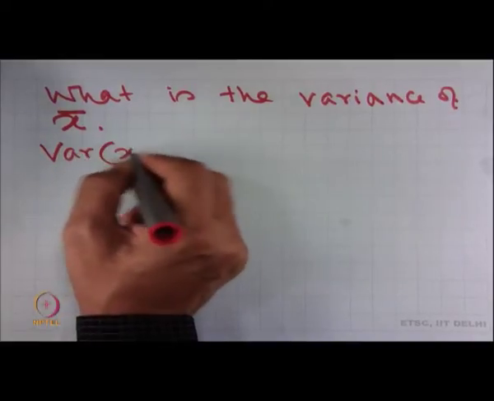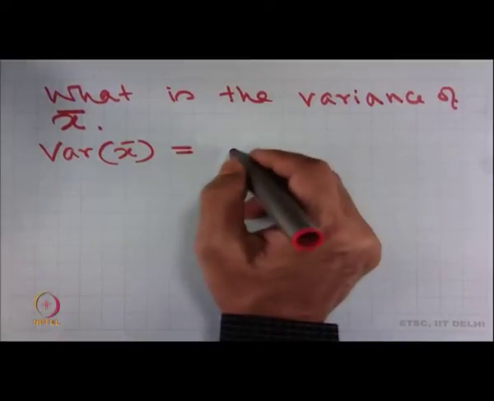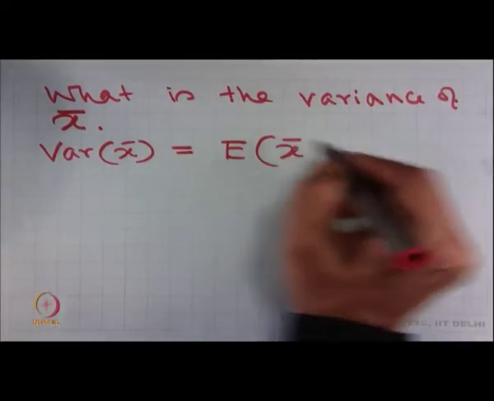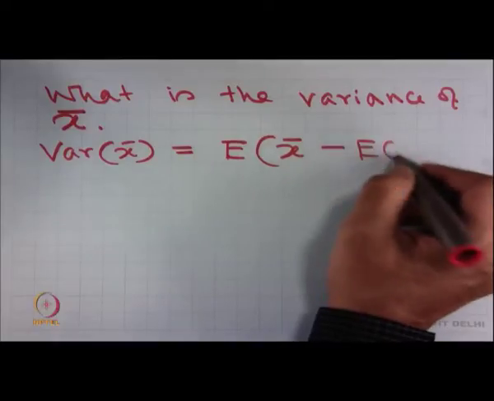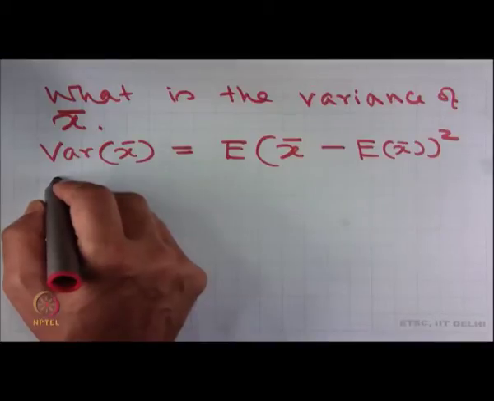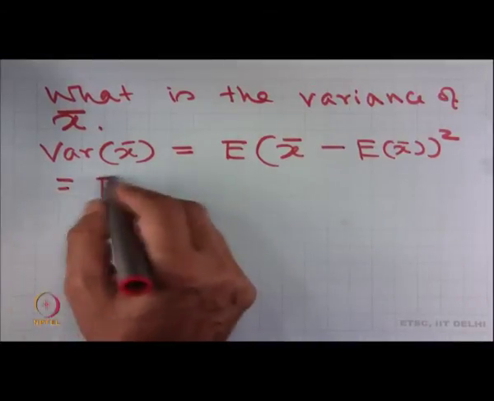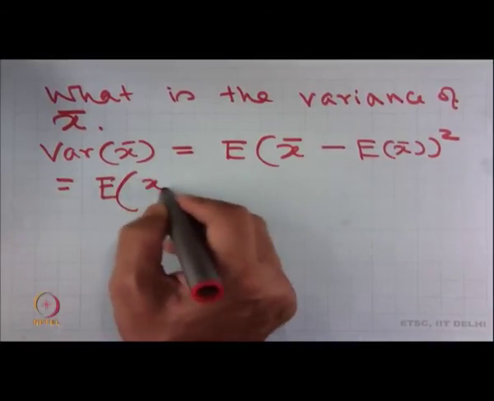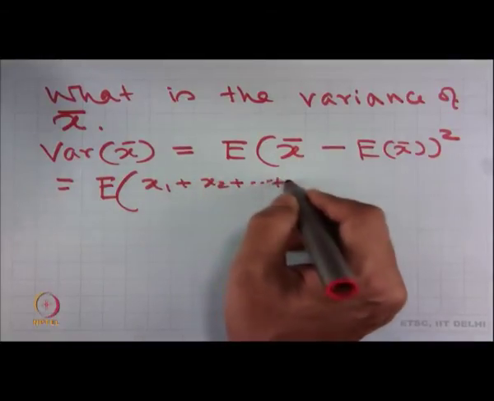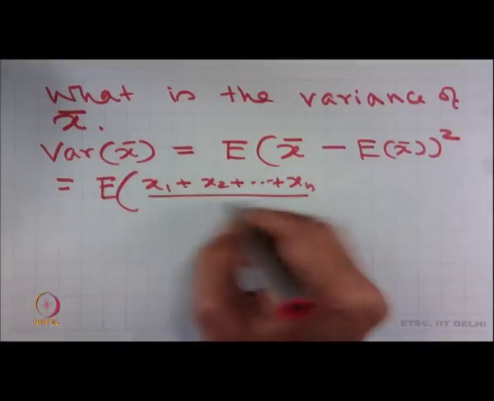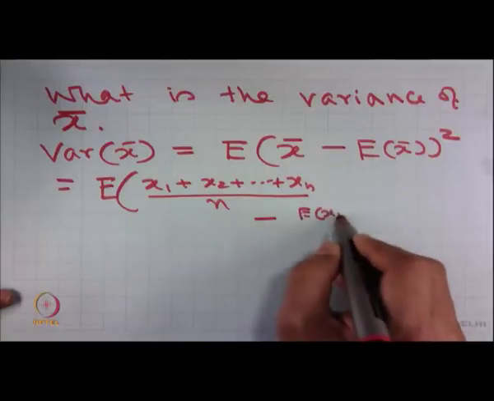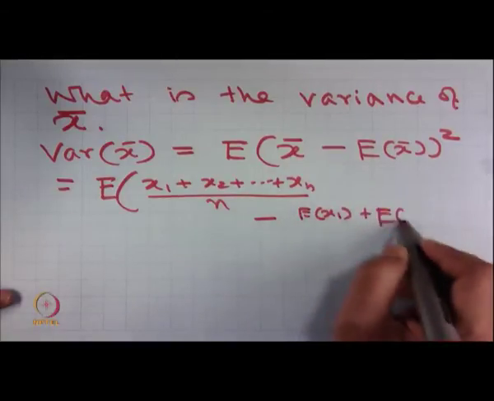Now, the variance of x bar is equal to the expected value of x bar minus the expected value of x bar whole square, which is equal to the expected value of x1 plus x2 plus xn by n, minus the expected value of x1 plus the expected value of x2, and so on.